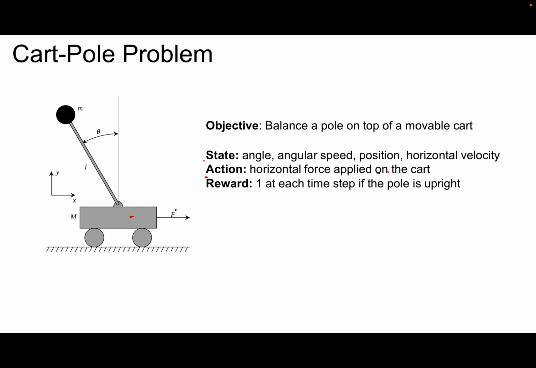Reward, we can design it depending on your preference. Maybe one possible reward is 1 at each time step if the pose is upright. So if we train this network for many iterations, it tries to maximize the reward, so it tries to maximize the time the pole is upright.